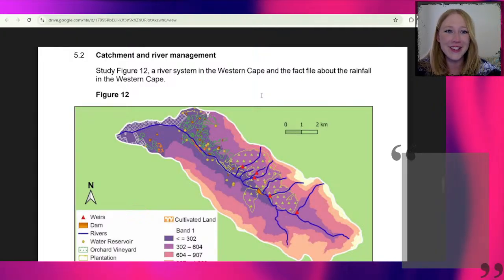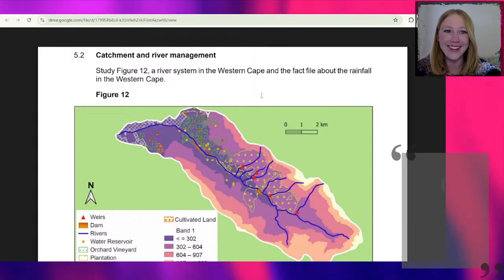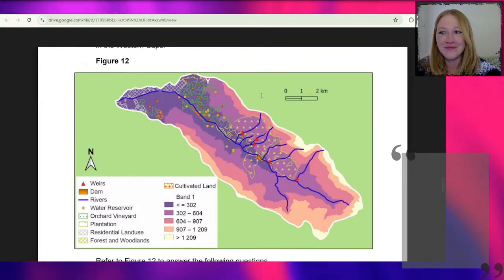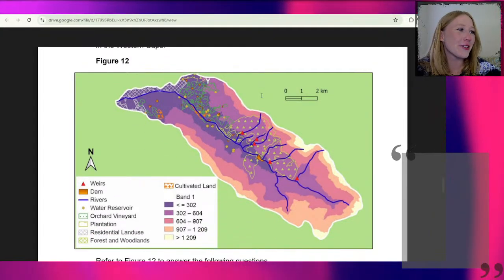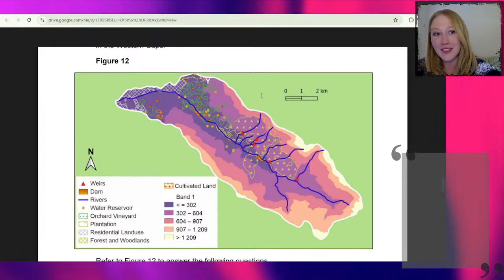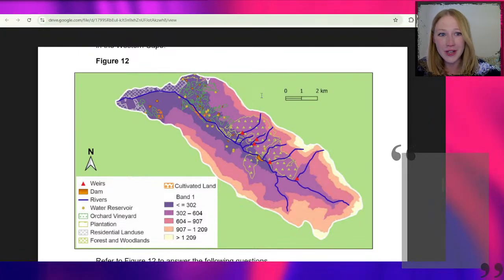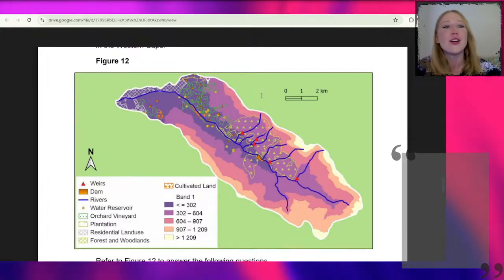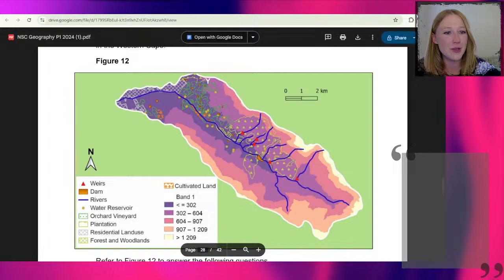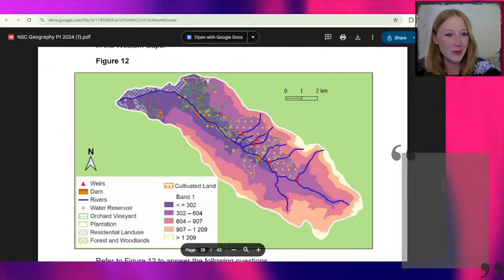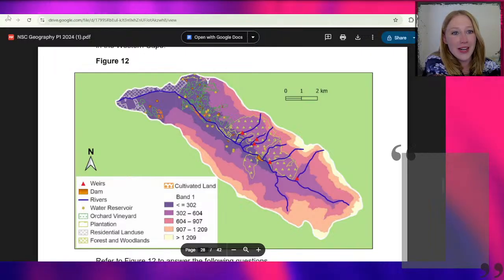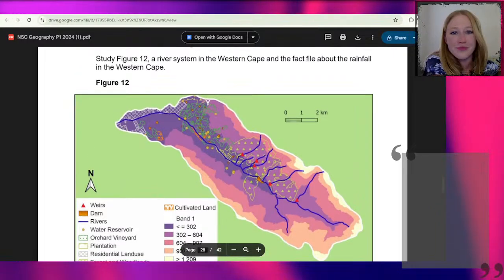Why do you think we have a fact file about the rain? Any ideas? Okay, so remember, Western Cape gets different rain to the rest of the country. Western Cape gets winter rain, the rest of the country gets summer rain. So most likely they're just reminding you guys about that. So that's probably why they had the information for Western Cape rain in its own little fact file.